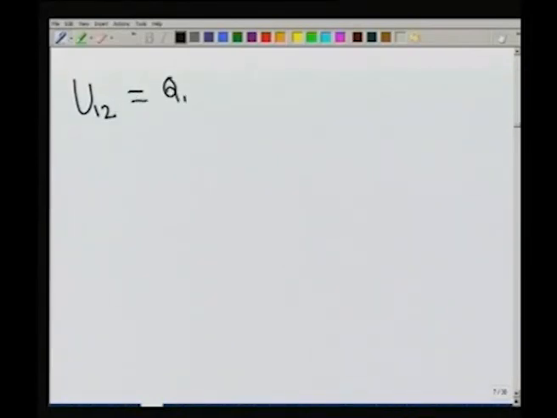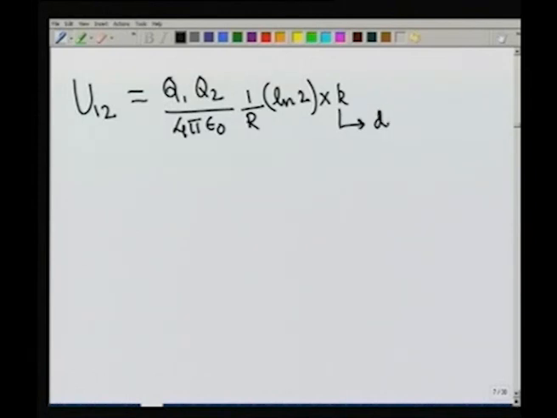I will get q1 q2 over 4 pi epsilon naught with a 1 over r, some number of the order of 1 and a number of the log 2 into some constant. So, what I ask you is to determine the value of this constant. This is the next problem for you.